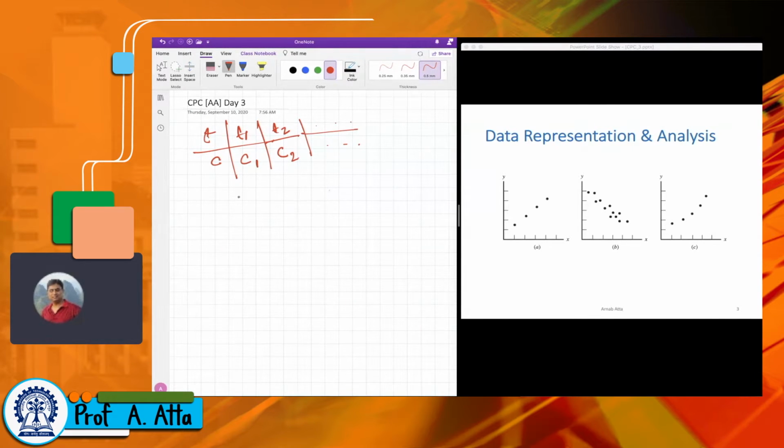Now say after this, you are asked what the concentration of the solution is in between time t1 and t2. Say I name this as t11.